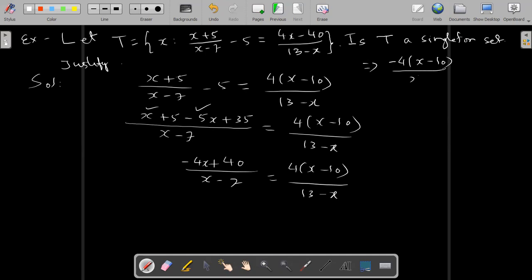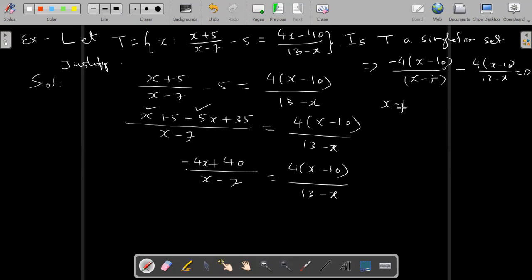Here also x minus 7. And this you have to bring to the left hand side: minus 4 into (x minus 10) upon (13 minus x) is equal to 0. We should not cancel this one, otherwise we will not get the two values. Sometimes we are getting two values. If we cancel, we get one value.